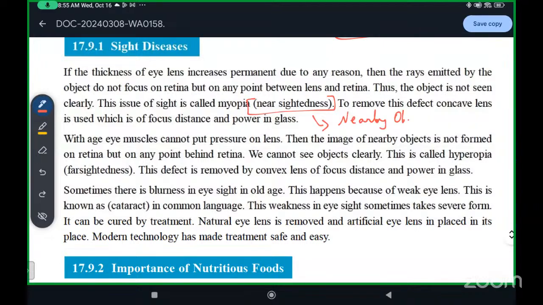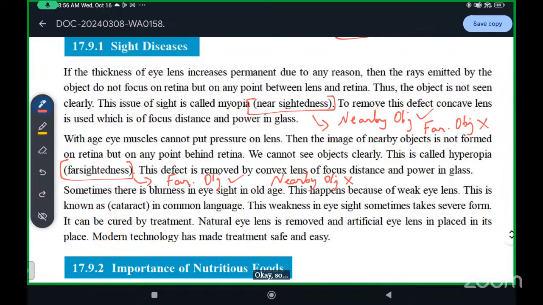But in farsightedness, you are able to see far objects clearly, but nearby objects you are unable to see.